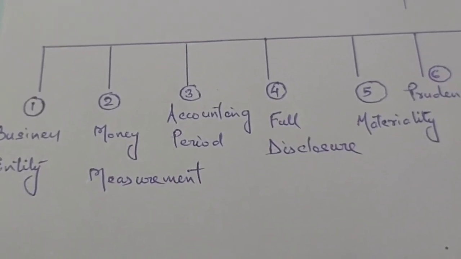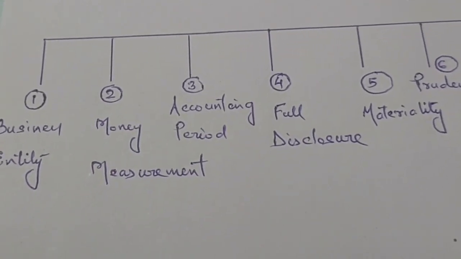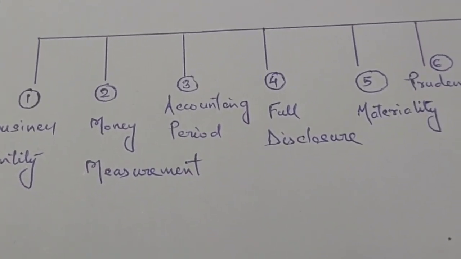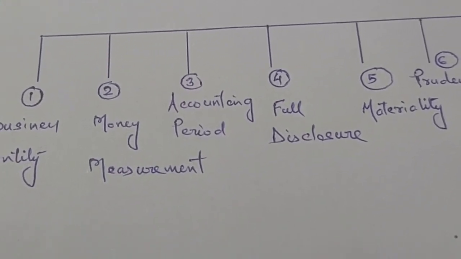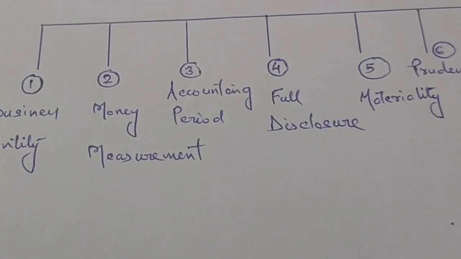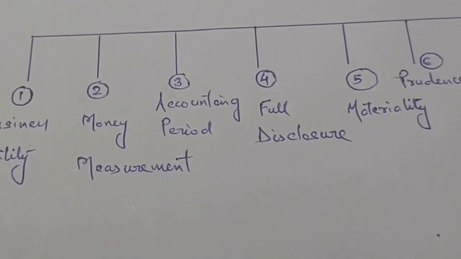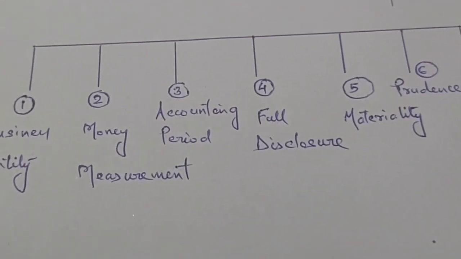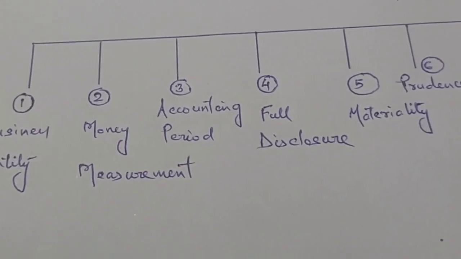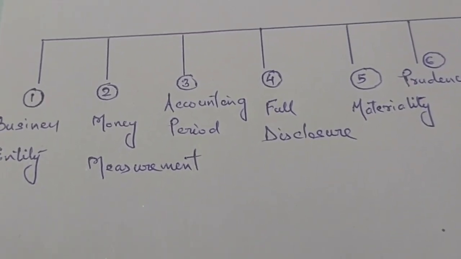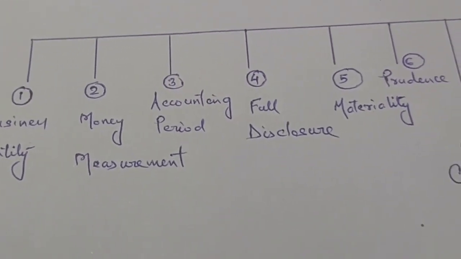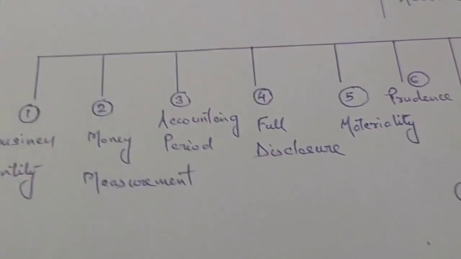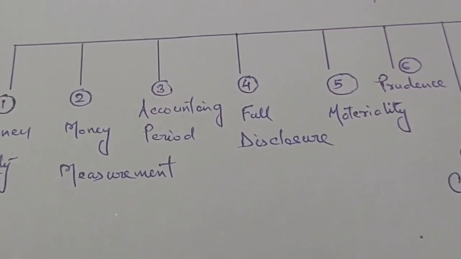Similarly, if you have two different businesses, a restaurant and a transport company, and you do not have separate records of these two businesses, how will you be able to calculate which business is running in profit and which business is in loss, or which business is going on in high profits and which business in moderate profits? So without the separate entity convention, we will not be able to calculate correct profit or loss.